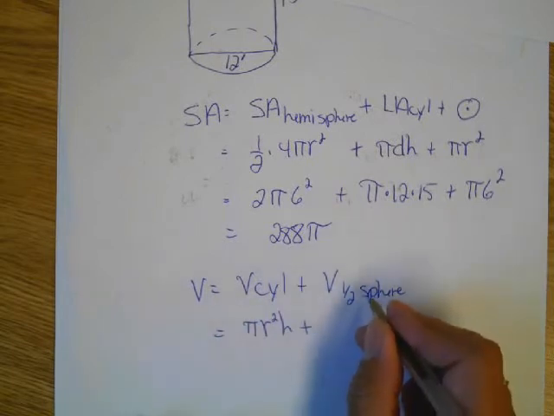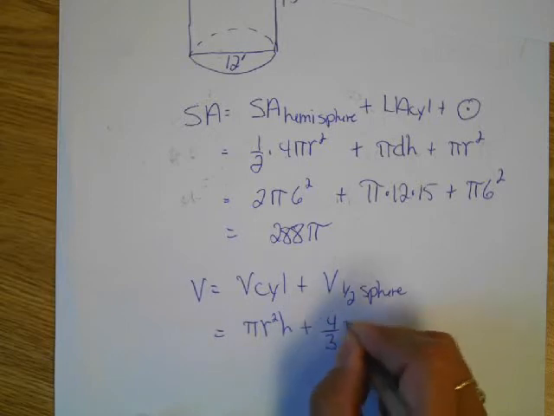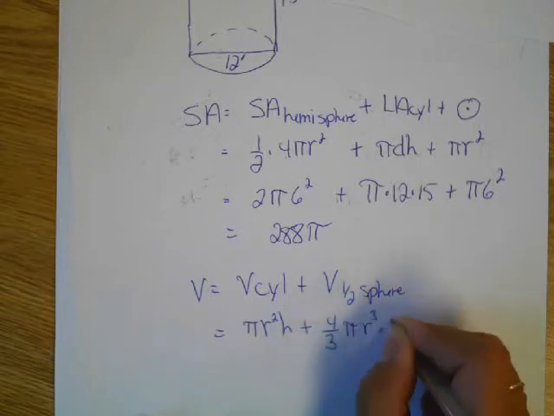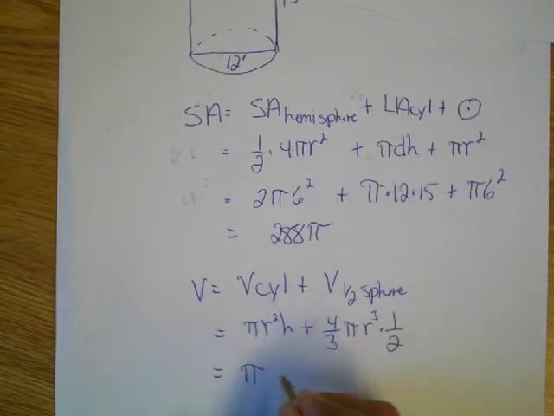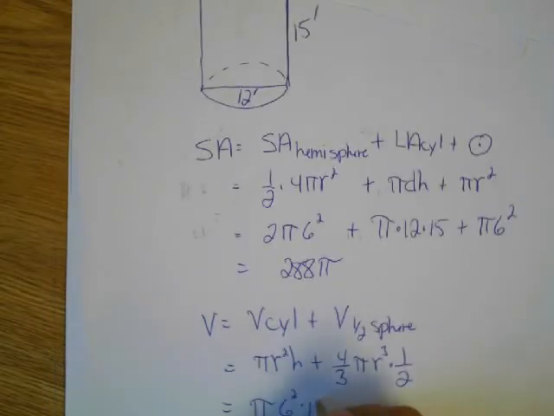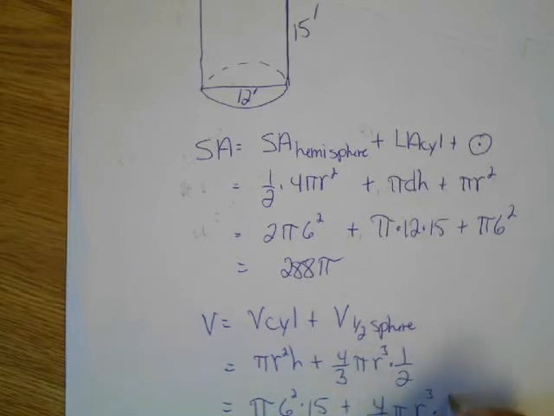Volume of the half sphere, 4/3 pi r cubed, multiplying by a half. Okay, pi, radius is 6, cylinder height is 15, pi 6 cubed times a half.